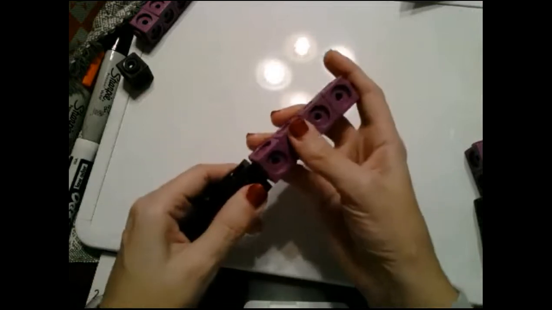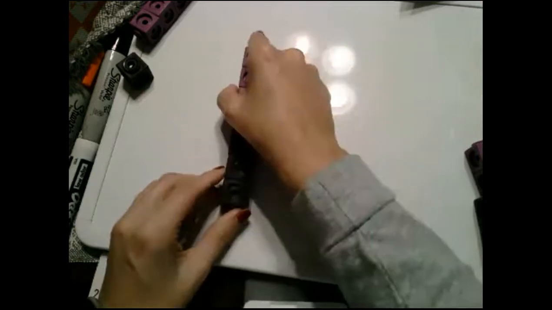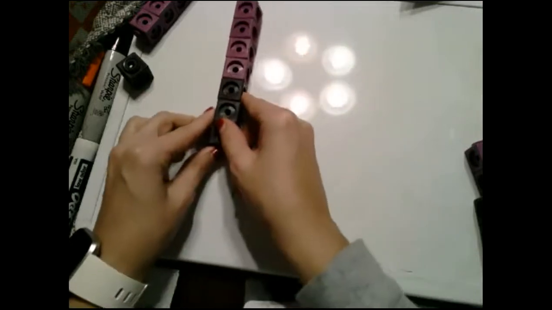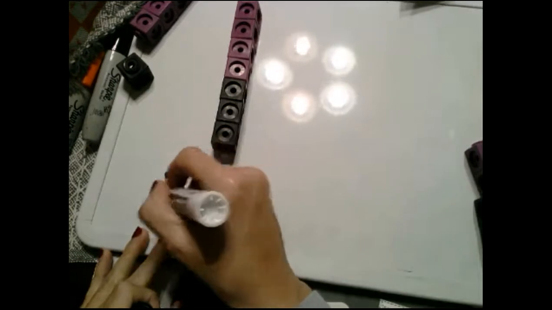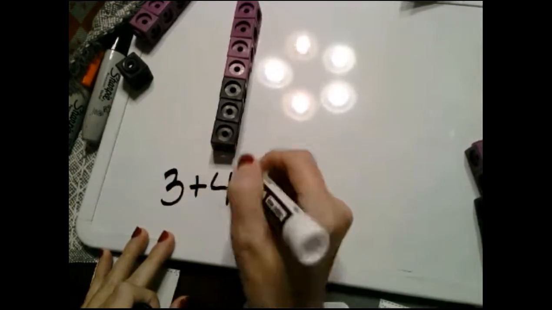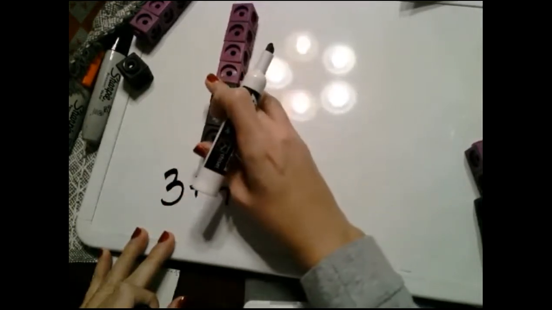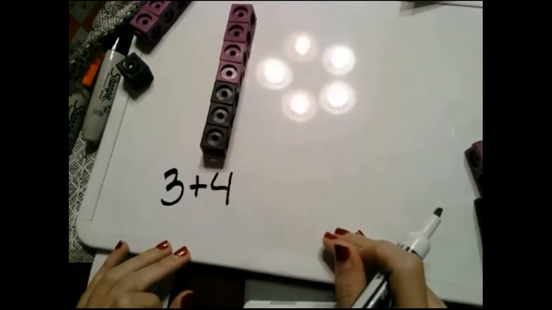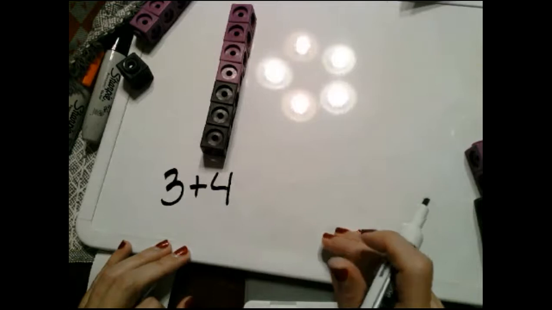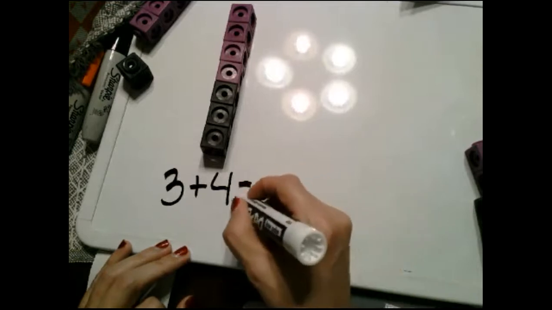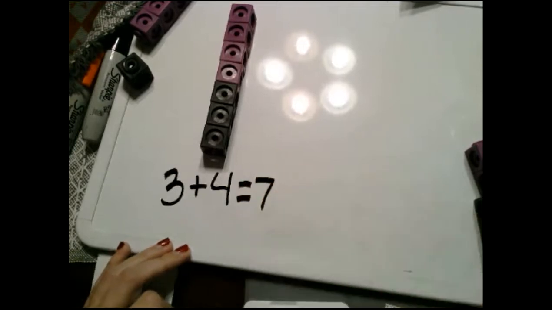So I'm going to go ahead and link those together. So I know that if he has 3 plus 4, how much does he have? That's right. He had 7 cubes.